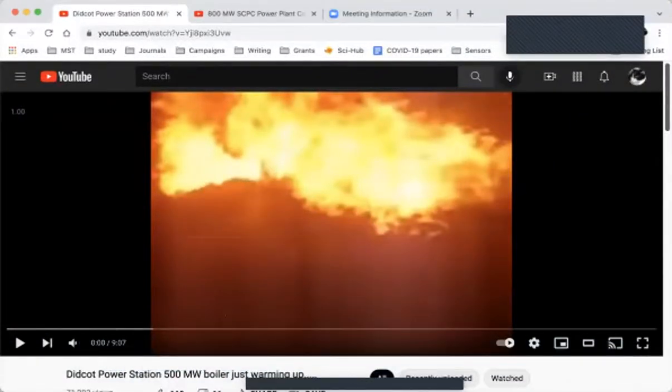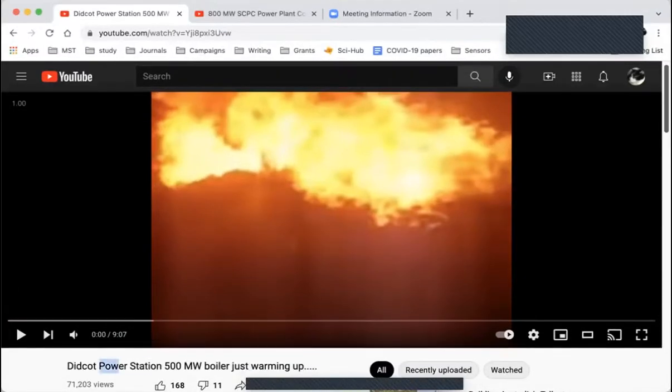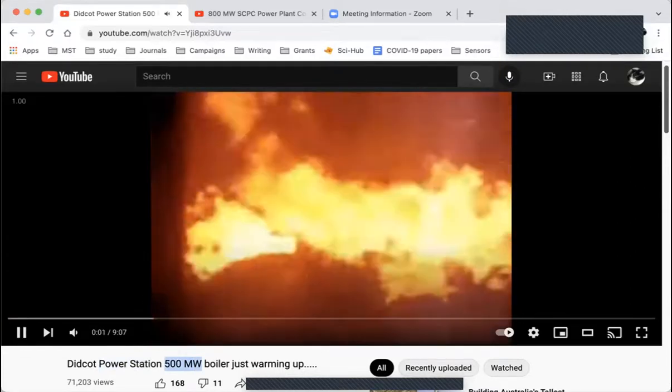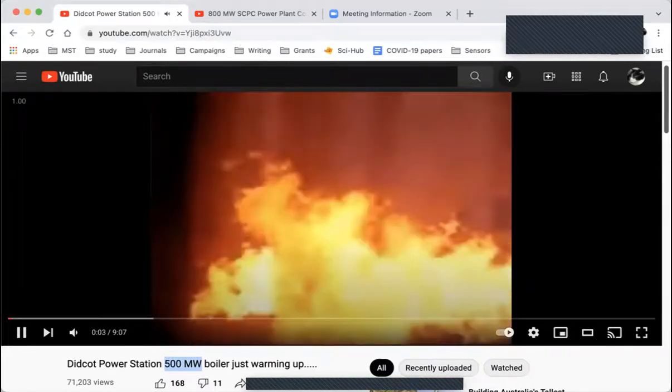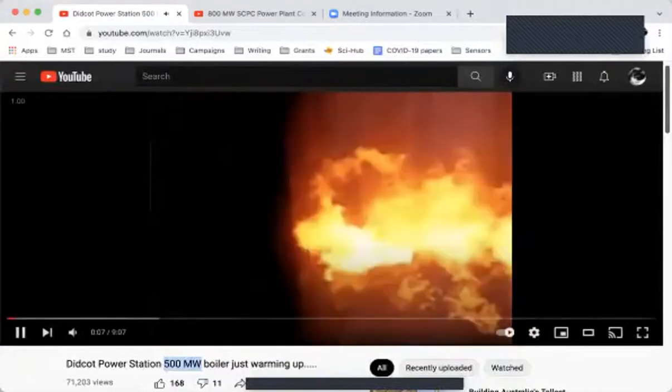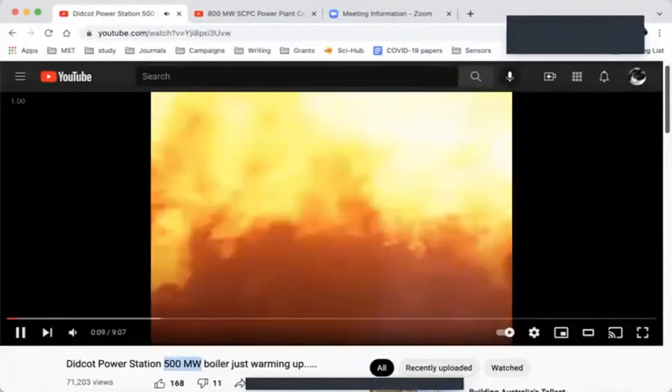This is for a coal-fired power plant that has 500 megawatt. So this is just the blower just warming up. So you can see some of them are actually turned off during this operation process. This is how the flame looks like.